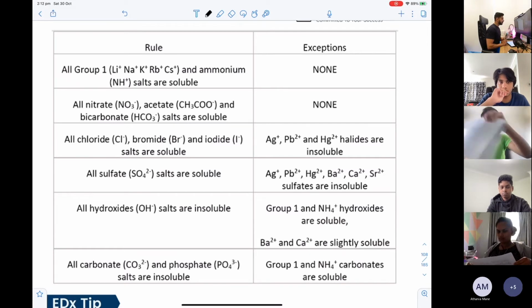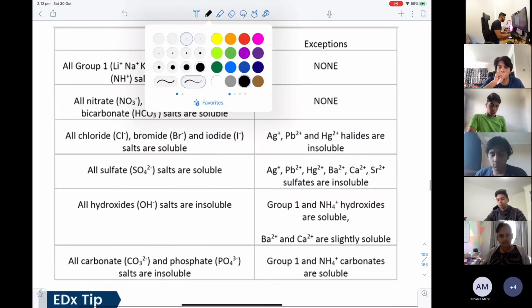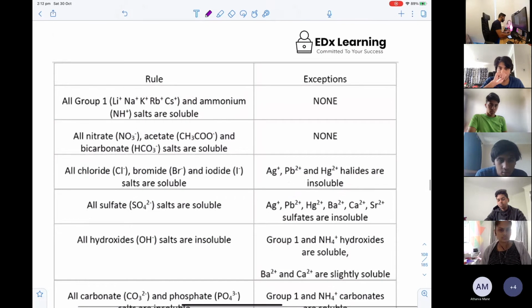Now, before we even jump into every single ion, there is one ultimate rule you cannot forget, right? And if you forget this rule, then you definitely can make silly mistakes. And that is every single salt that is derived from a cation that has a +1 charge. So all group 1 metals.